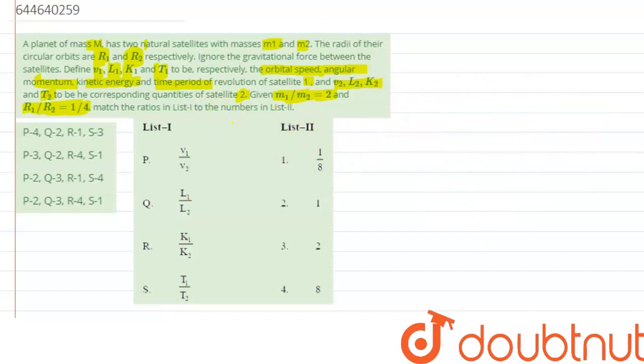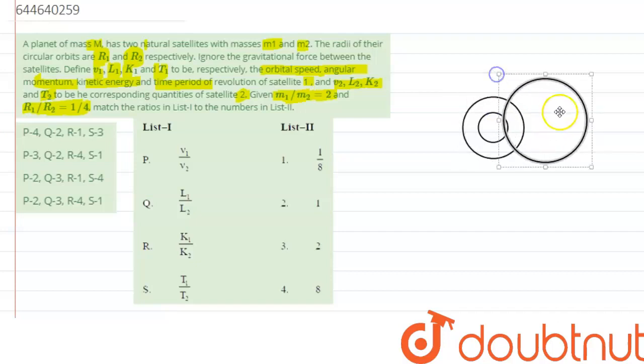So let's try to first visualize the given scenario. We have been given a planet, and there are two satellites revolving around this planet. The first one is revolving in this orbit, and the other one is revolving in this orbit.